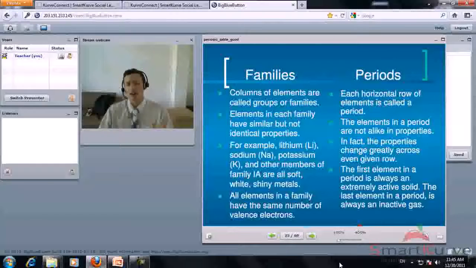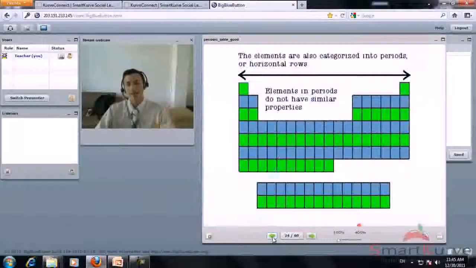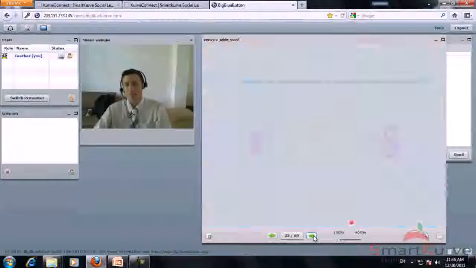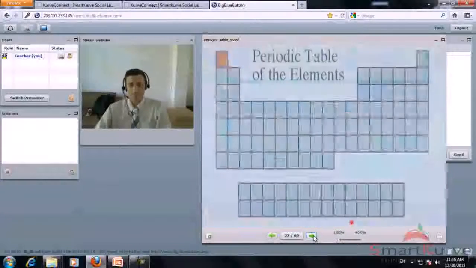Why is it that that first element in a period is always very reactive, but that last element down here, the elements like helium, neon, xenon, radon, are not reactive? We're going to talk more about that. So let's move on. Families.